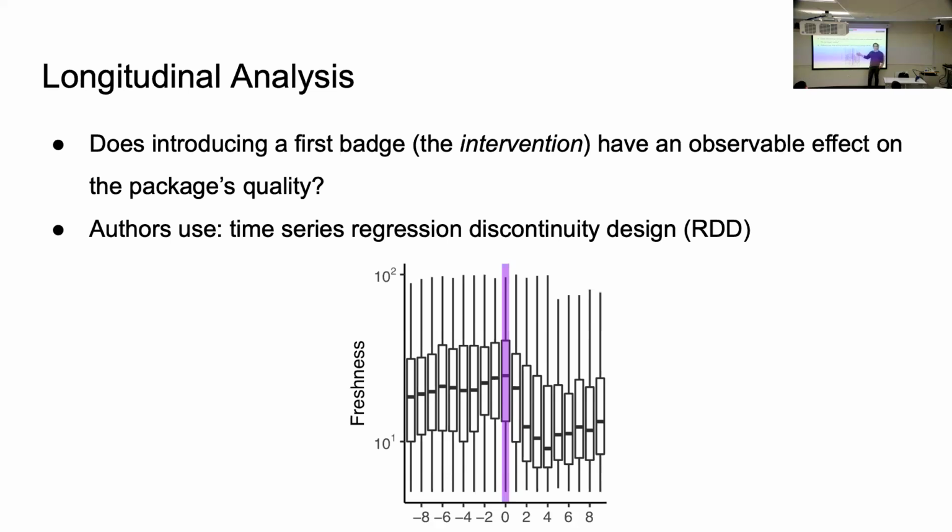So what happens is, you take all of these individual packages that have adopted the badge, and you have this history before and after. You take all of these, and then you align them on this intervention date.